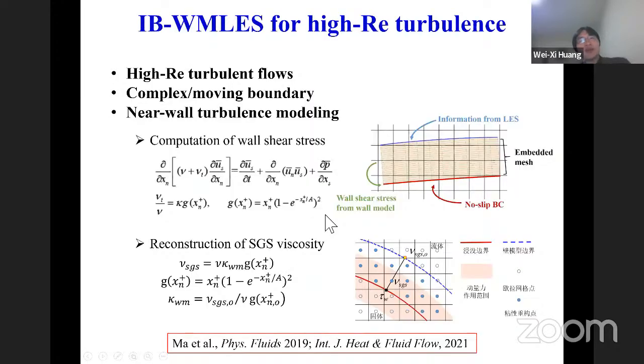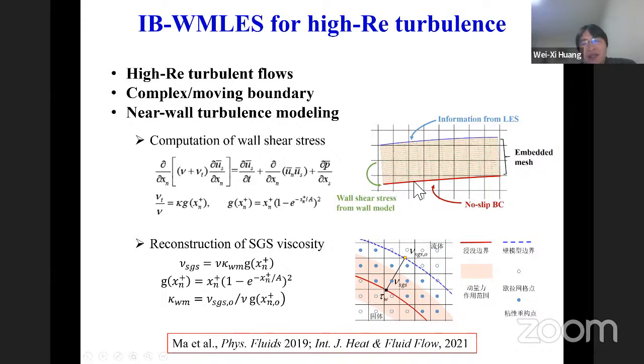Okay, so another issue is the high Reynolds number, because in nature we can often see the flow is at a high Reynolds number, in the turbulent region, and it also has complex and moving boundaries. For the immersed boundary method, we cannot have a very refined structure near the boundary.